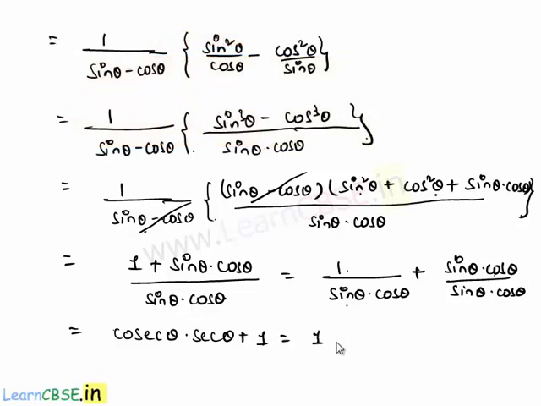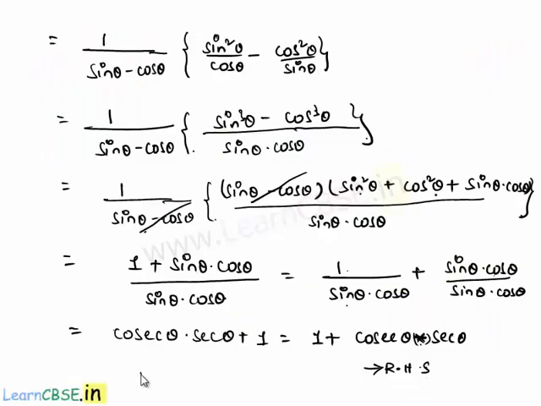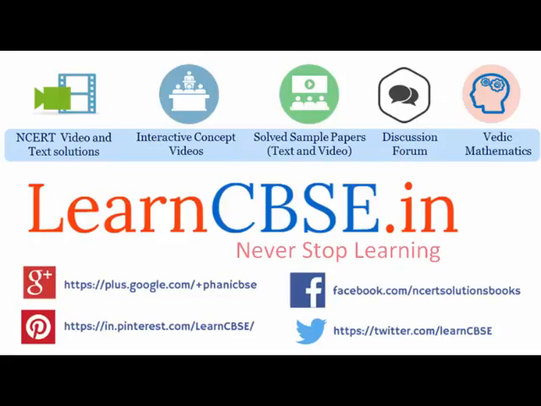So which is finally equal to 1 plus cosecant theta into secant theta, which is our required right hand side. So here we got LHS is equal to RHS and the given equation is hence proved.